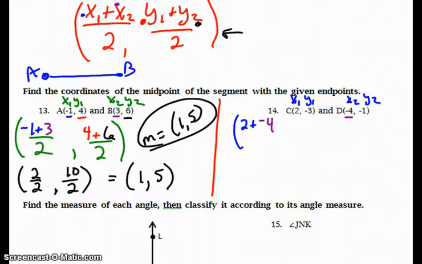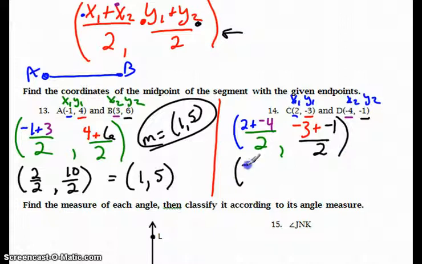Notice I carried that negative with it, and we put that all over 2, comma, and then we say y1 plus y2, and then 2 plus negative 4 is negative 2, all over 2. Negative 3 plus negative 1 is negative 4, all over 2.